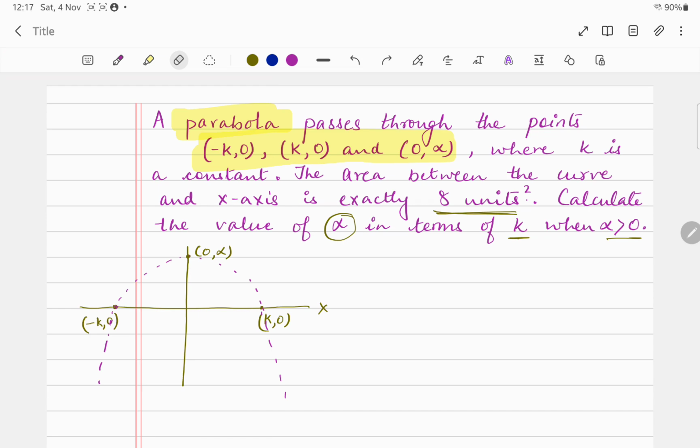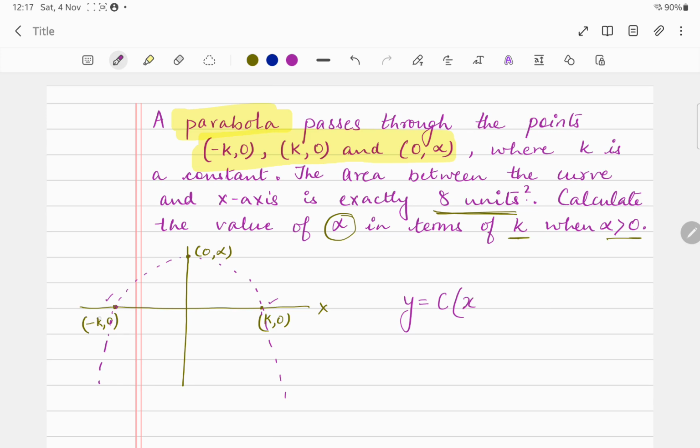Now we know that when the roots are given, or x-intercepts, there are multiple names for this, the equation of a parabola is y = c(x minus the first root)(x minus the other root).